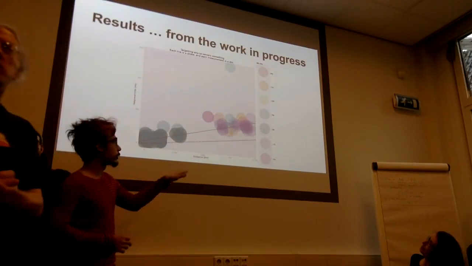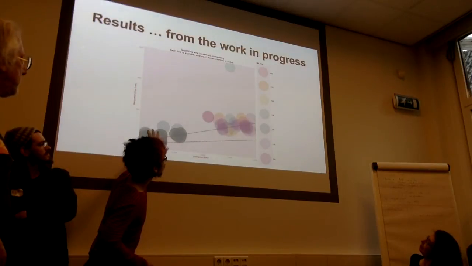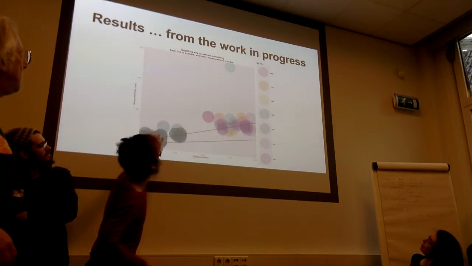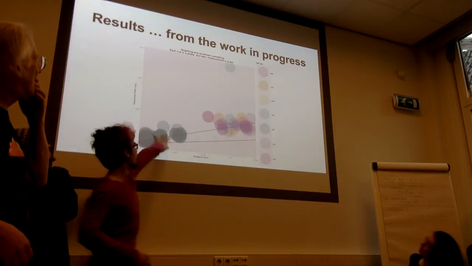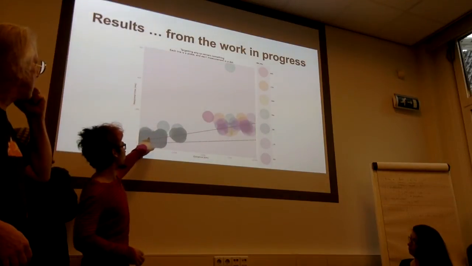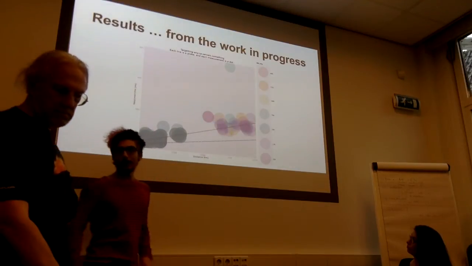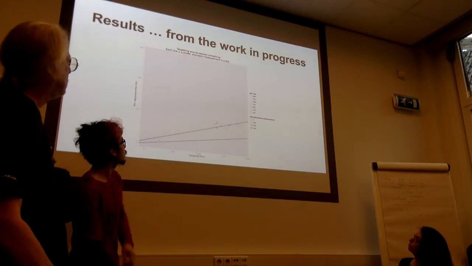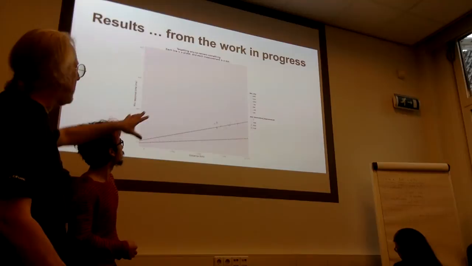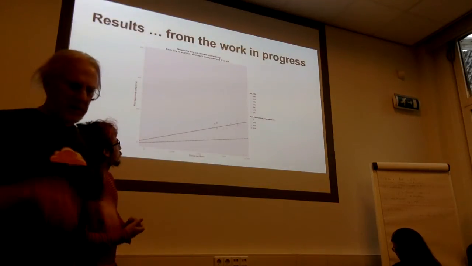Each color is a different city. This city seems to be routing pretty well, and this one's taking longer because the server's further away. We kept looking at data, but we're going to get to the fun stuff in a second.